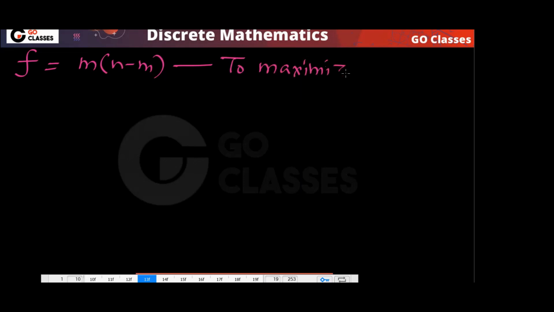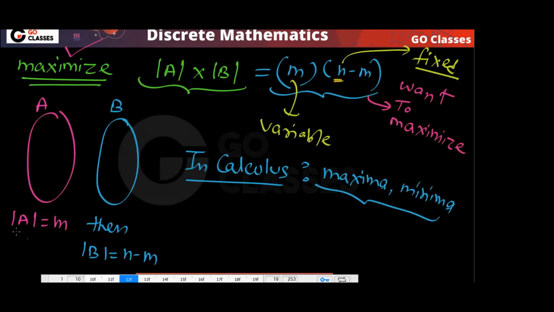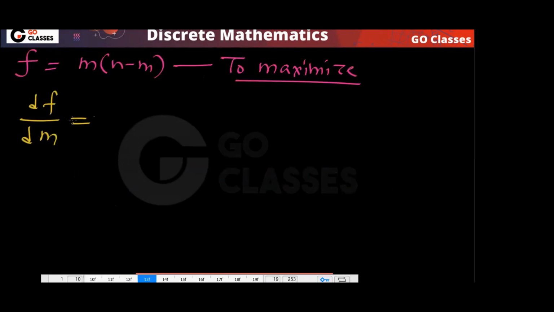To maximize this, we do df by dm, because m is the variable. How many vertices you put here is variable and not known. So we do differentiation with respect to the variable.